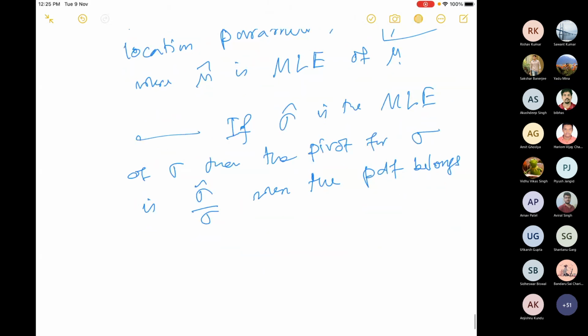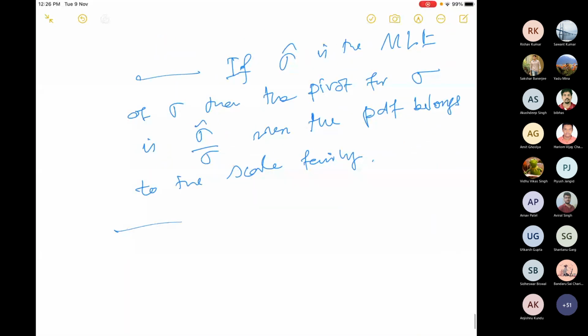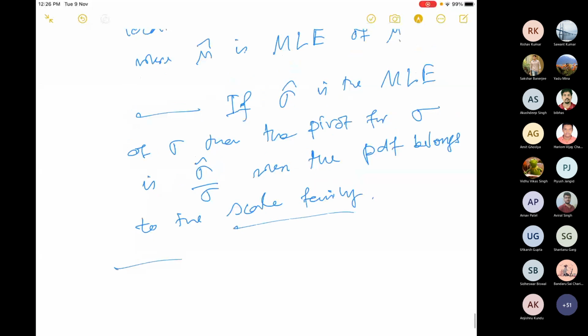And when the PDF is in the location family, I know the pivot for mu, the unknown parameter mu. When the PDF is in the scale family, then I know the pivotal quantity for sigma.